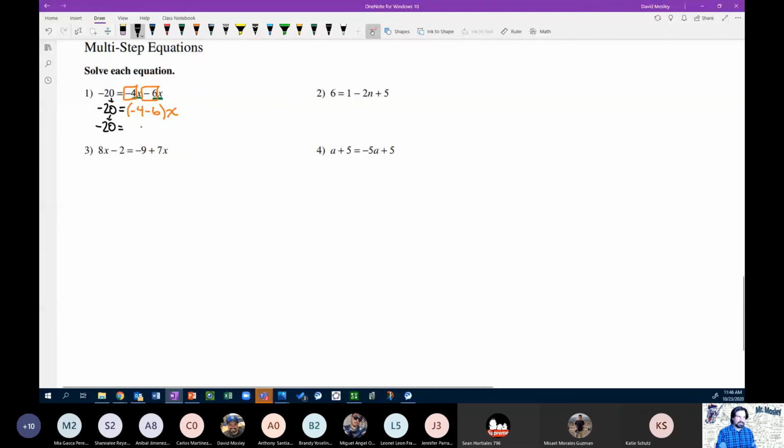We do what's in the parentheses now. -4 minus 6 is -10. So the combined term from our -4x minus 6x is -10x.